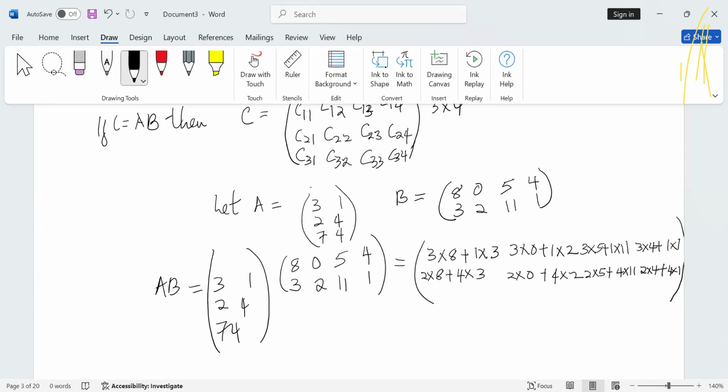Then the last row, row 3: 7 times 8 plus 4 times 3, 7 times 0 plus 4 times 2, 7 times 5 plus 4 times 11, 7 times 4 plus 4 times 1.